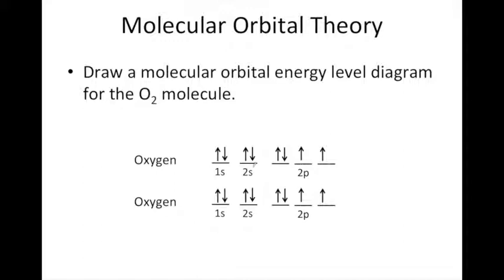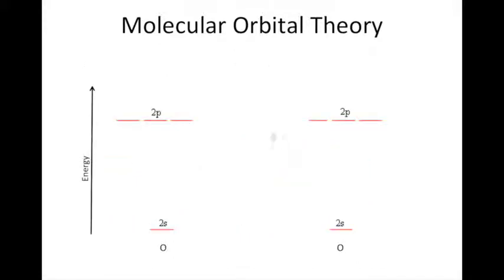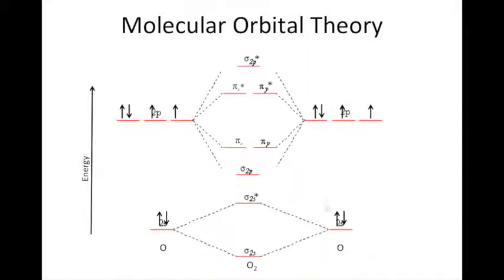So here are our two oxygen atoms and their electron configurations. Let's look at the valence electrons. Here are the atomic orbitals for our two oxygen atoms. Let's put our electrons in them. Now we need to draw our molecular orbitals. Our 2s and 2p will combine to form these molecular orbitals. We have a total of 2, 4, 6, 8, 10, 12 electrons.